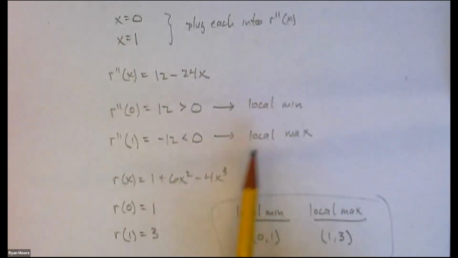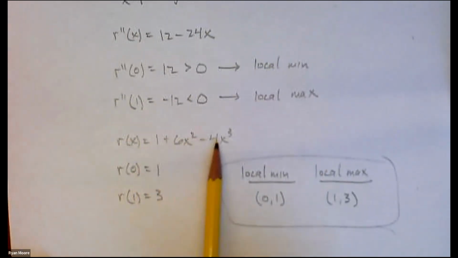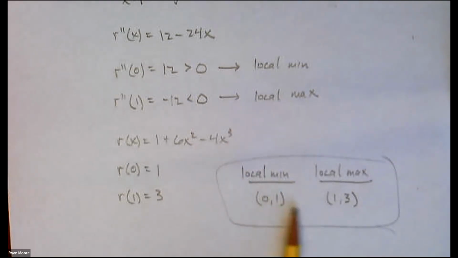Then we also had to plug them into the original to get their y values. You want to be really aware of why you're about to plug a number in. Into the second derivative? Because I'm trying to figure out the concavity. Into the original function? If I want the y value so I can figure out the full point. Into the first derivative? If I want to know whether the function is increasing or decreasing.